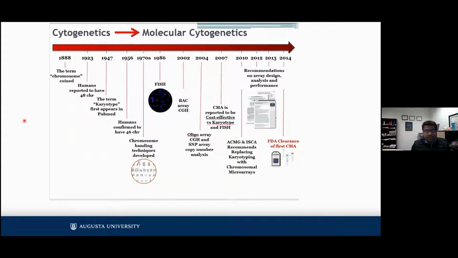If you look at our journey from cytogenetics movement to molecular cytogenetics, in 1988 the term chromosome was coined. And as we moved on, you can see FISH was added in 1986. The arrays were started, and we received the first FDA clearance for chromosomal microarray in 2014.